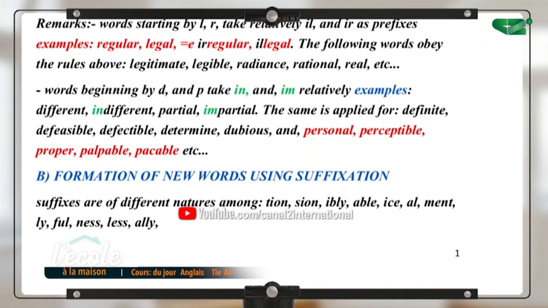Those are some suffixes that you can use at the end of a newly formed word.